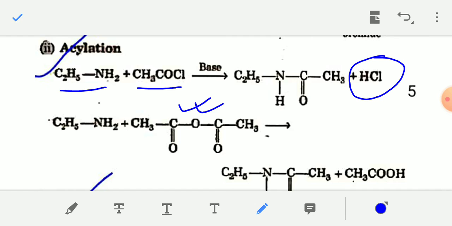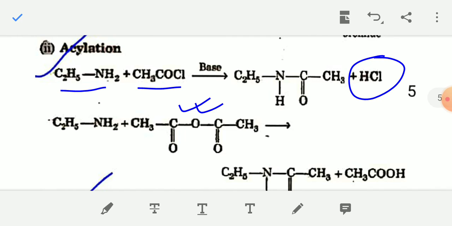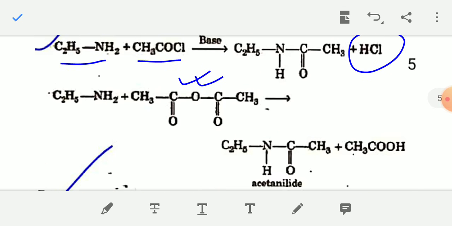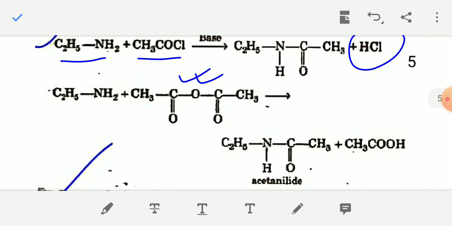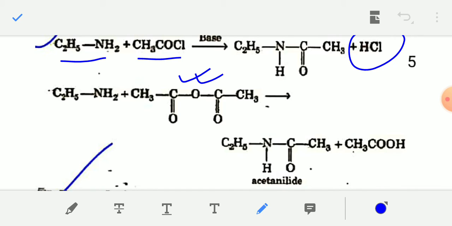Similarly, when amines react with acetic anhydride, you have to remove one hydrogen atom from the NH2 group of the amine, and the acetate group from acetic anhydride.